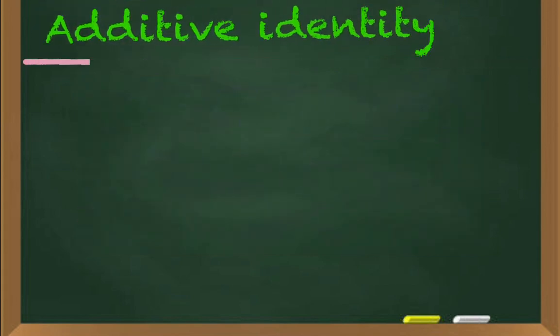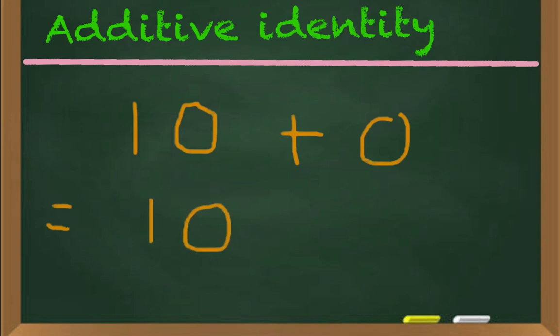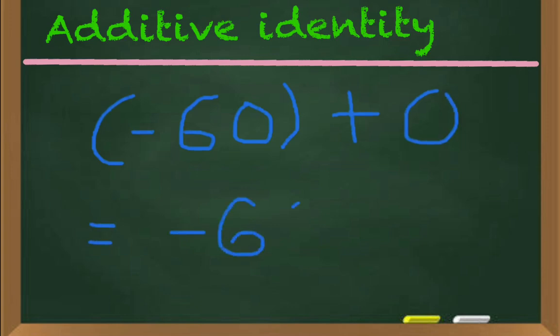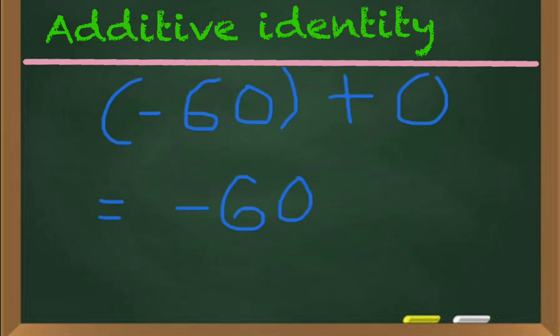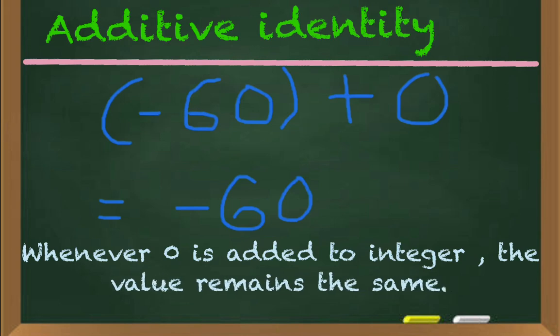Now for example, I tell you to add 10 with 0. So you will say that the answer will be 10 only, right? If I tell you to add -60 with 0, then also you will say that the answer will be -60 only. So in short, when 0 is added to any integer, the value of the integer remains the same.